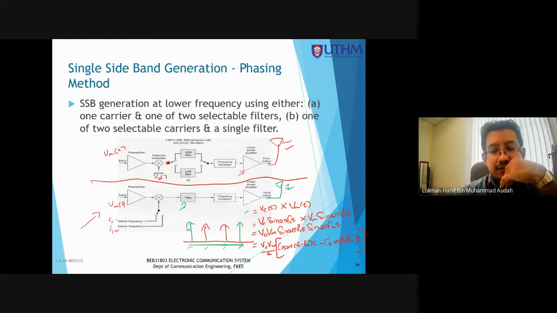So kalau you lihat balance modulator ini menghasilkan dua komponen. Okay, lower sideband dan juga upper sideband.